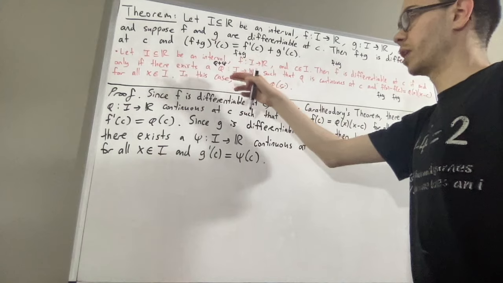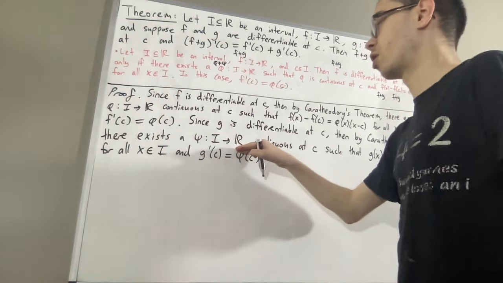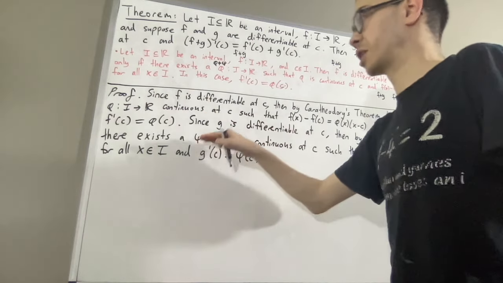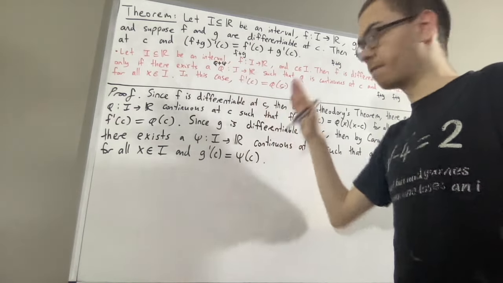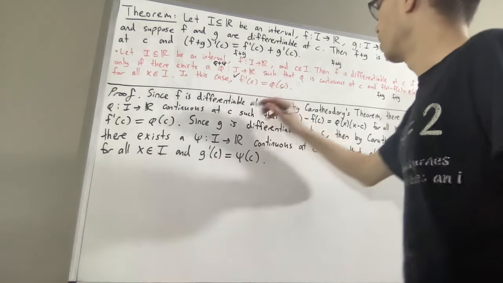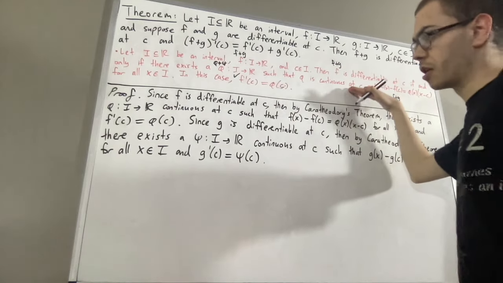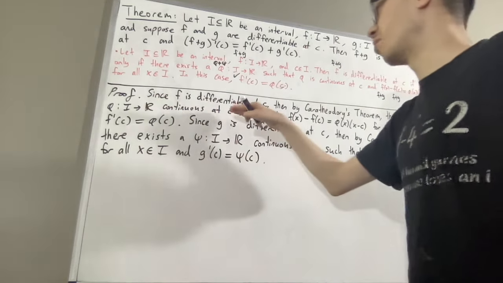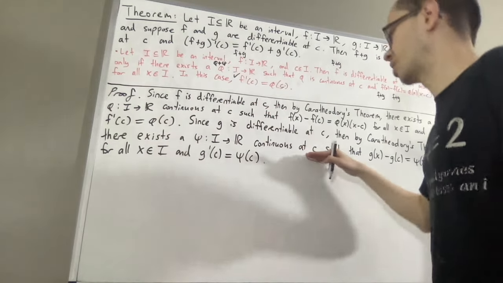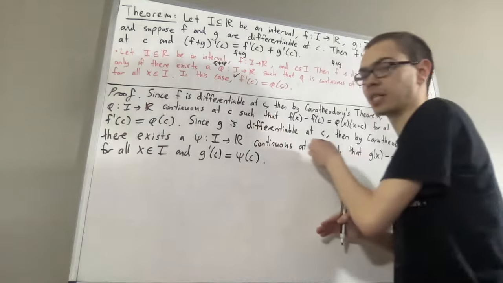All right, certainly, since phi is a function from I to R and psi is a function from I to R, the sum of those two functions, phi plus psi, is a function from I to R. Furthermore, it satisfies the continuity condition. Since phi is continuous at c and psi is continuous at c, it follows that the sum of the two functions, phi plus psi, is continuous at c.